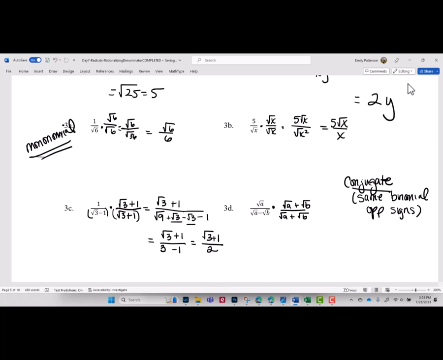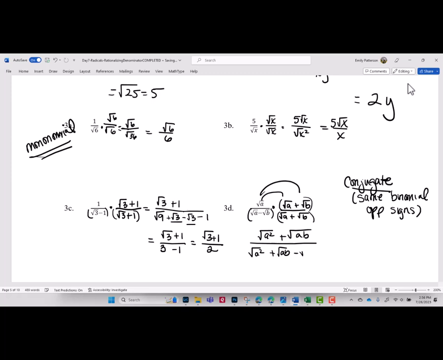So let's do some distribution here. I've got to multiply this out. So square root of a times square root of a, square root of a squared. And this becomes the square root of ab. Well, on the bottom, if I'm doing my good old FOIL, I've got the square root of a squared. I've got the outside, which is a positive square root of ab.